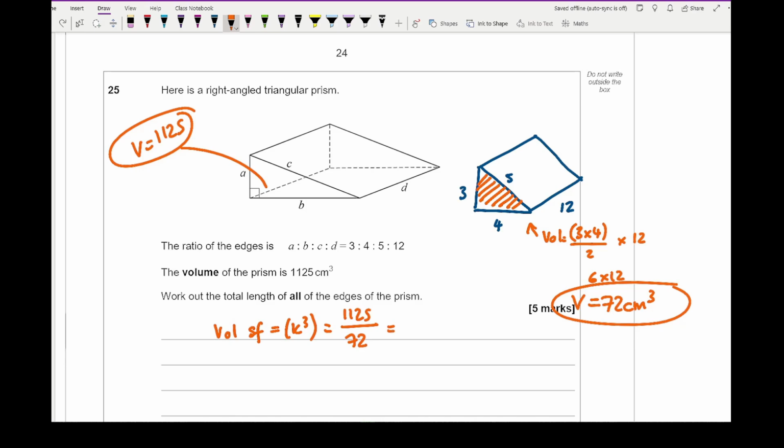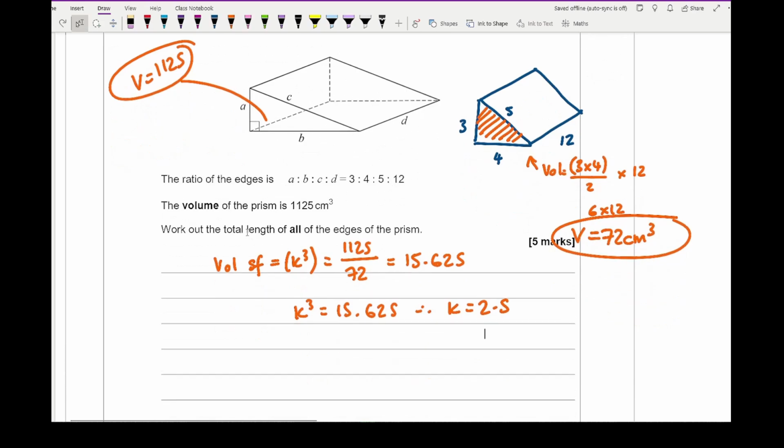If I type that into my calculator, 1125 divided by 72 gives me 15.625. So k cubed is equal to 15.625. Therefore k is going to equal the cube root of that, which is 2.5. So that is what the scale factor is.